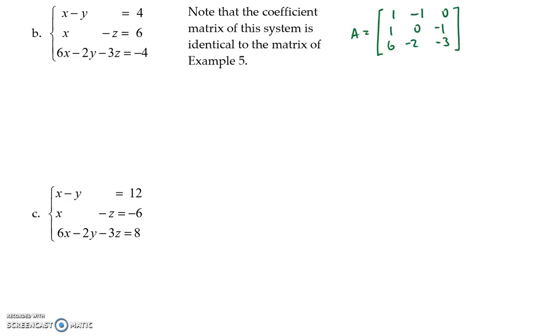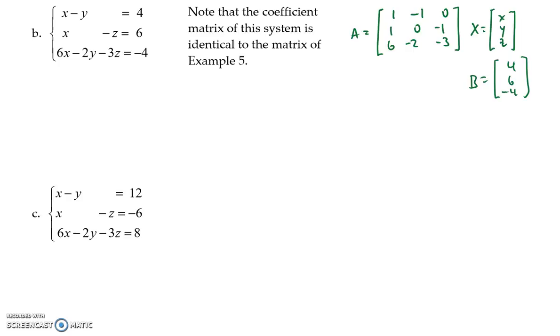Also, we might just note that the matrix X, capital X, in this case would be X, Y, Z, and the matrix capital B would be 4, 6, -4.